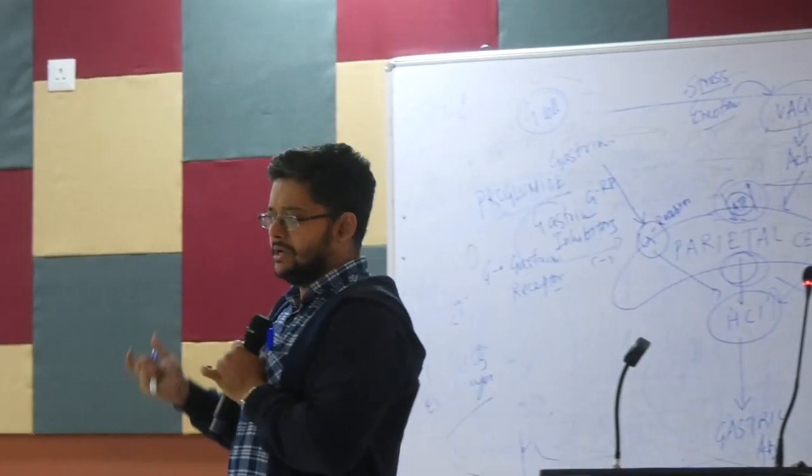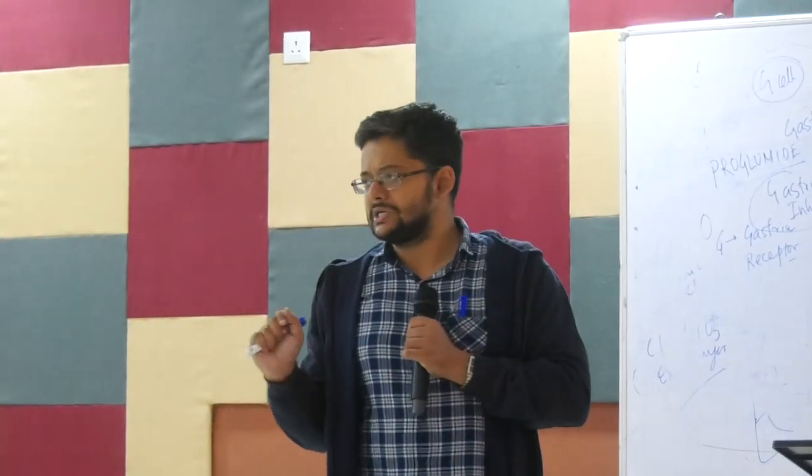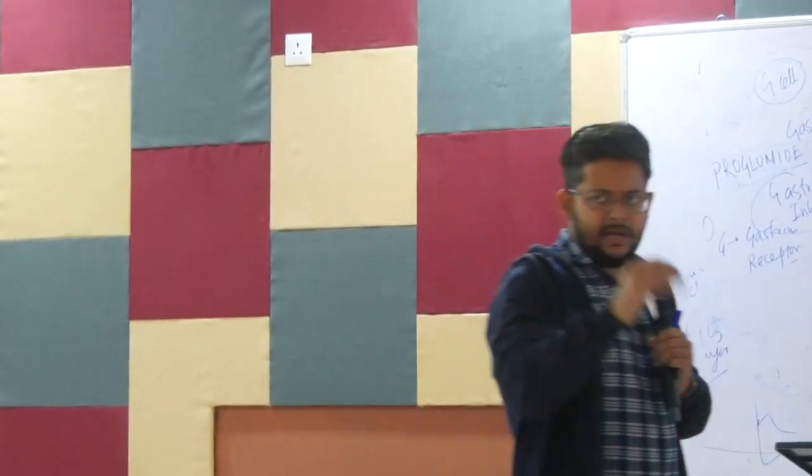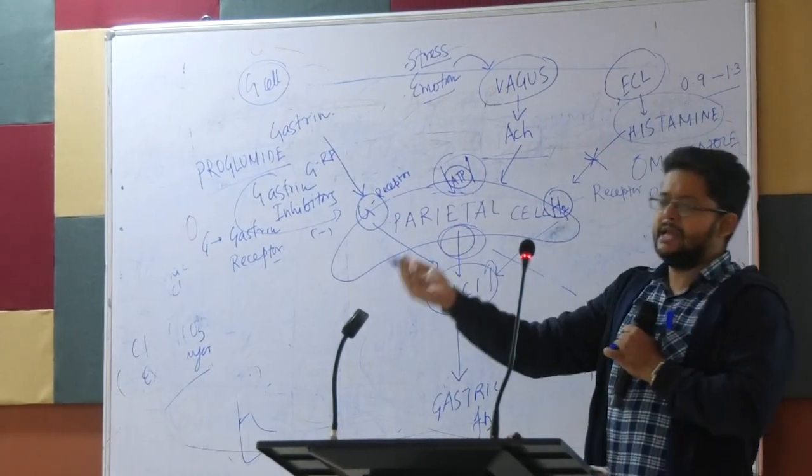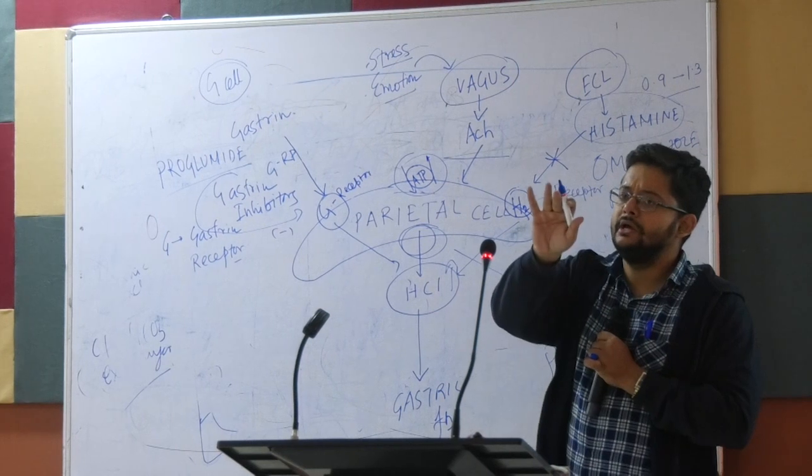This is an amine chemically. It acts on the H2 receptor of the parietal cell. If it is activated, it leads to more and more HCl secretion. So, if we have anything that blocks this, then again we will have reduced HCl secretion.